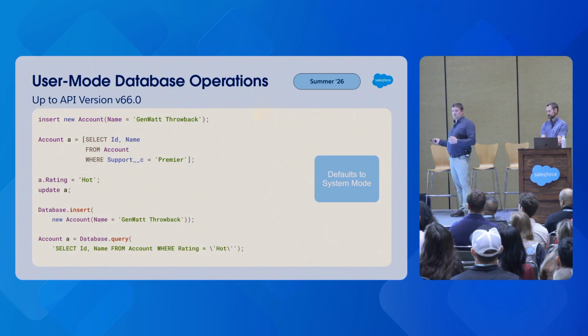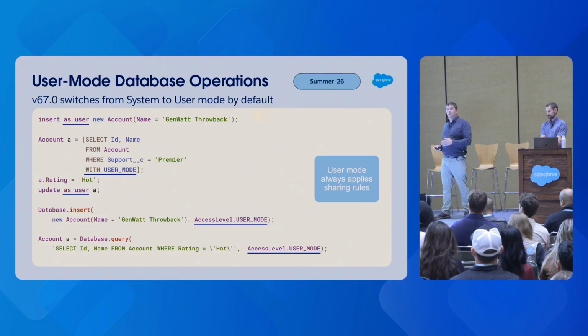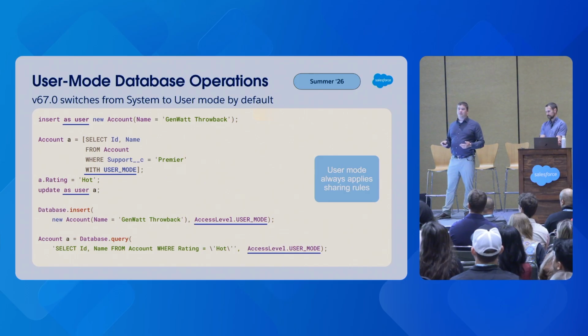Like, it will access records the user doesn't have access to, will access fields, et cetera, that the user doesn't have access to. As a change in Summer '26, so again, when the API version of the class becomes 67 or higher, these will now behave as if you had explicitly written these declarations. They will become implicitly user mode operations.